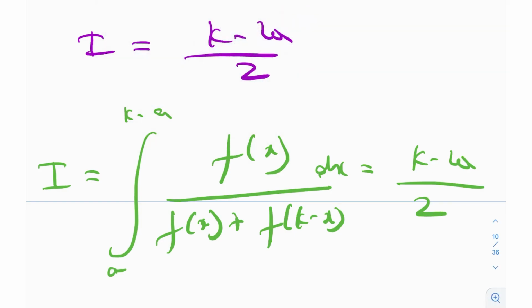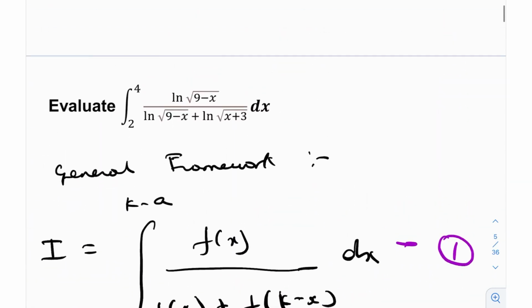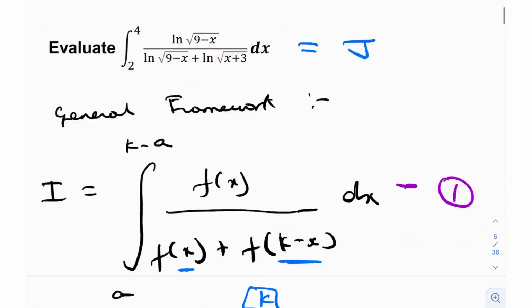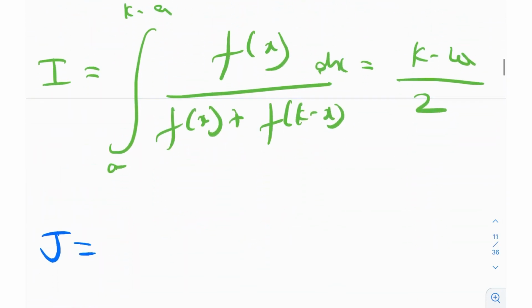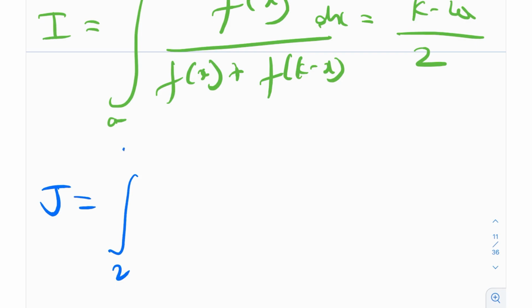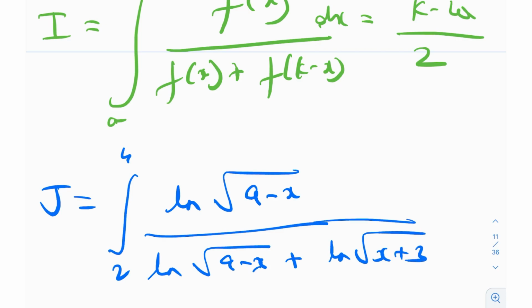In the question we had to evaluate this integral, and let me call that J. So J is the integral from 2 to 4 of the natural logarithm of 9 minus x divided by ln root 9 minus x plus ln root x plus 3, and we need to evaluate this.